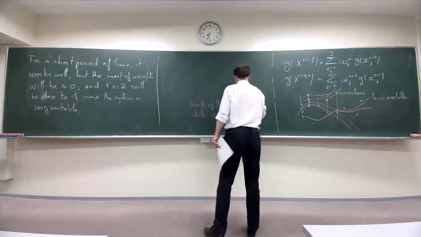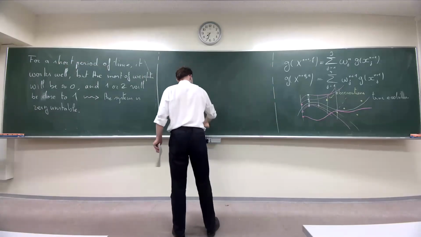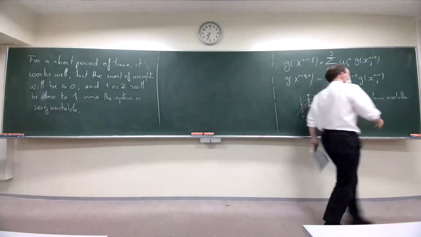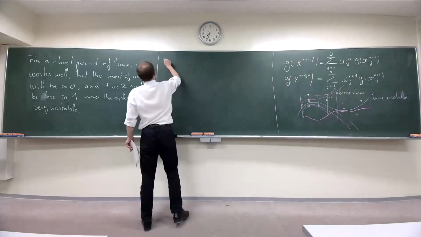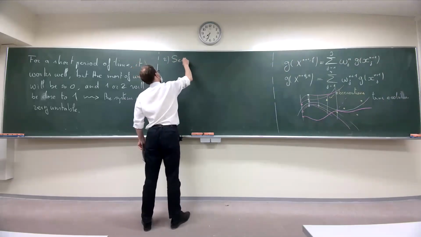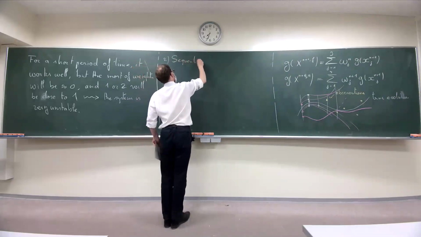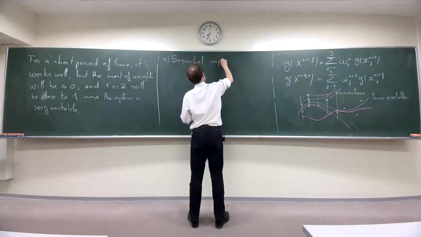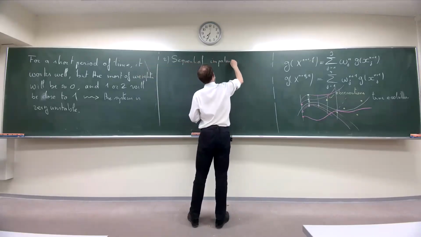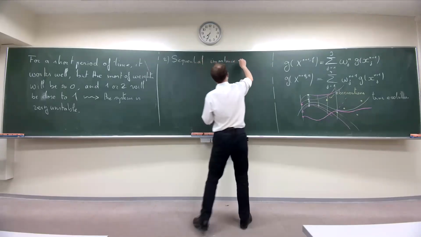And there is a way to do it. And this is the second section, which uses the same approach, but we do a correction. This is called the sequential importance resampling.